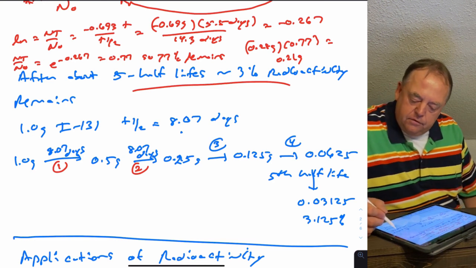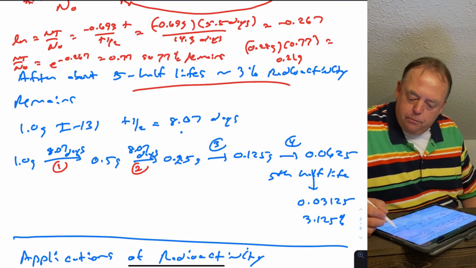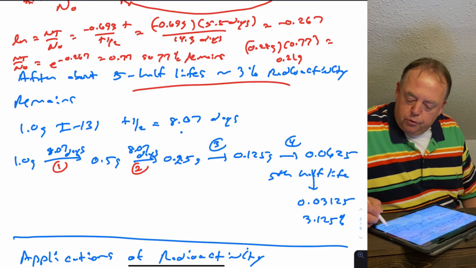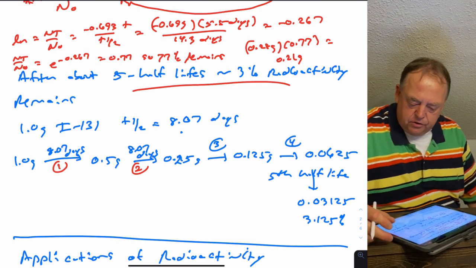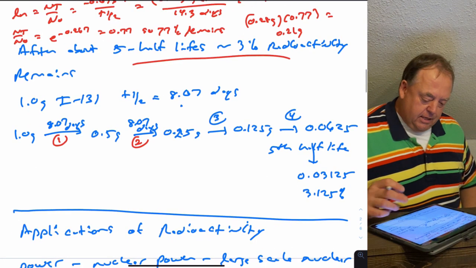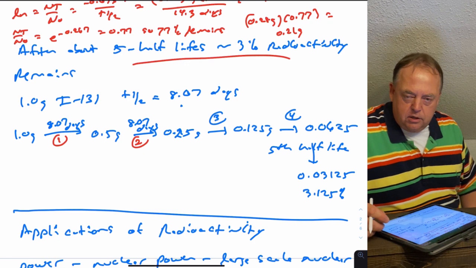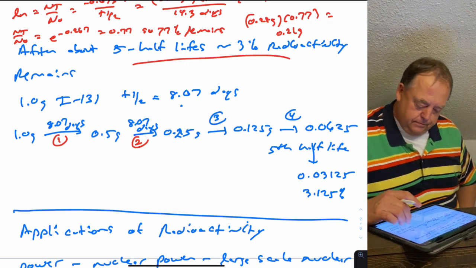After 4 half-lives, so after about 32 days, you would have 0.06 grams. And after a 5th half-life, you would have 0.03125 grams, or 3.125%. So after about 5 half-lives, you're down to about 3% radioactivity remaining. And again, that can be really fast, or that can be a long time, depending on the half-life of the radioactive element.